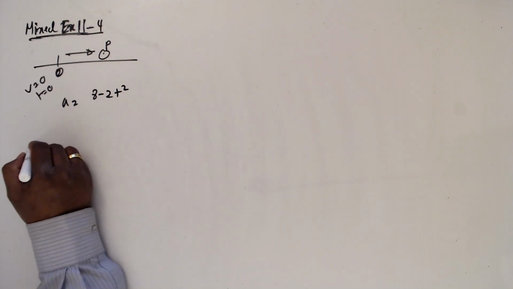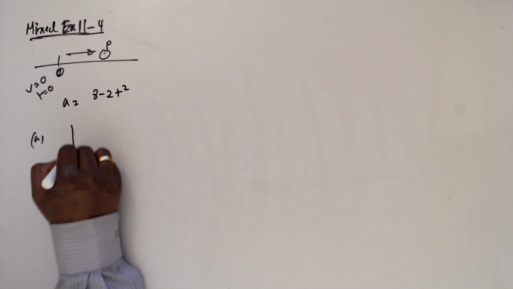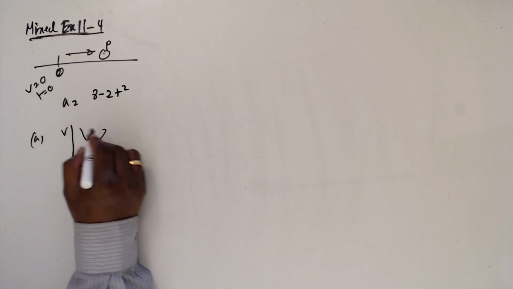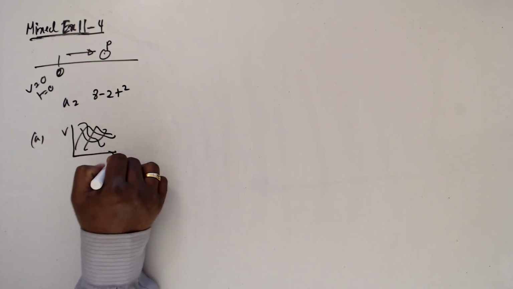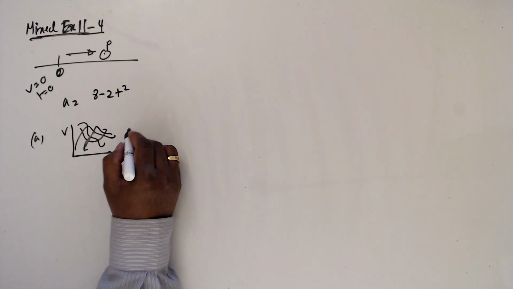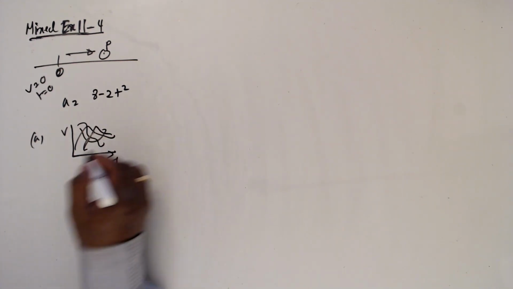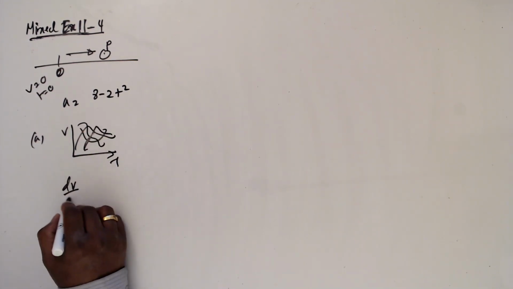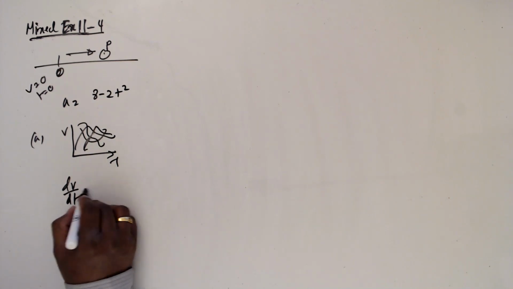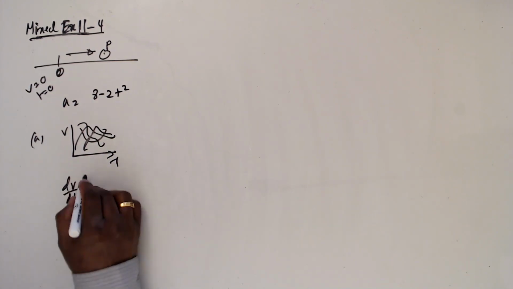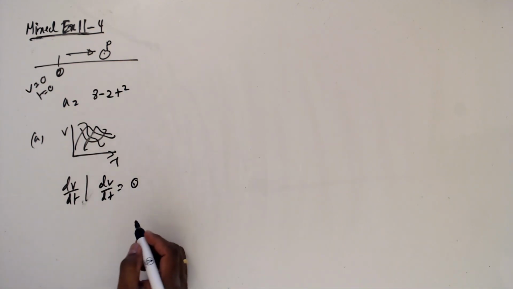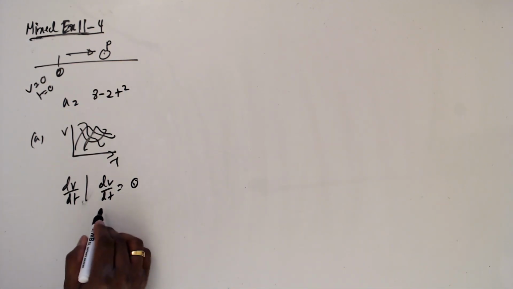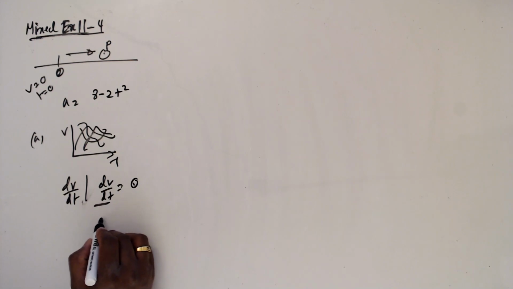So greatest speed means, in a v-t graph, we want to find the maximum. Basically, we want to find dv over dt, and then we want to make dv over dt equal to 0. But we know dv over dt is what? Acceleration.